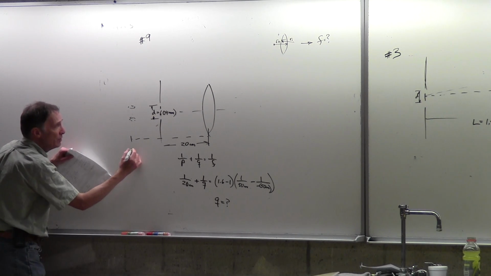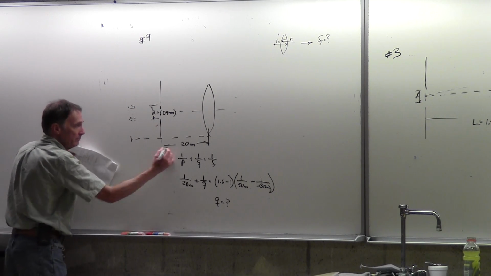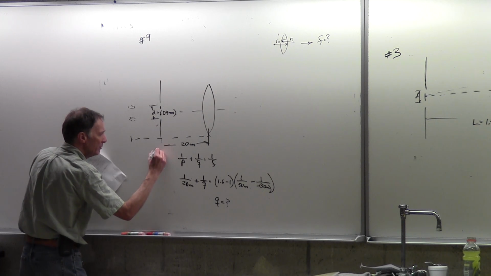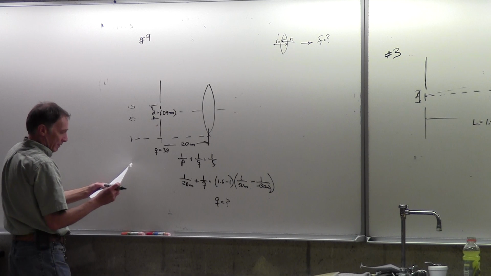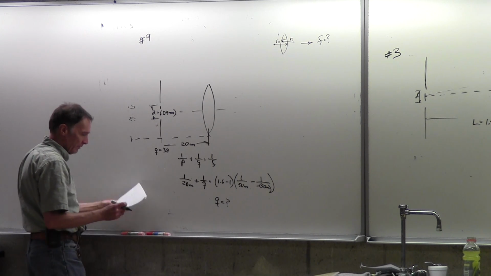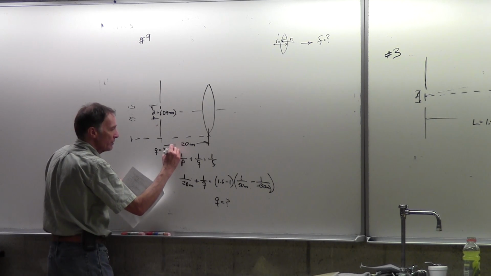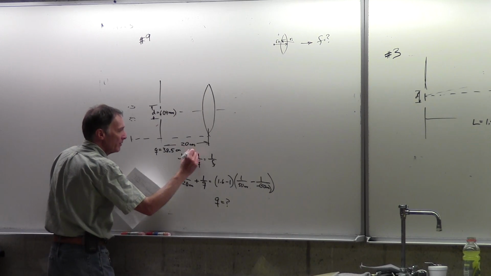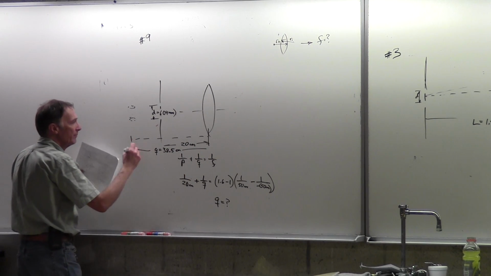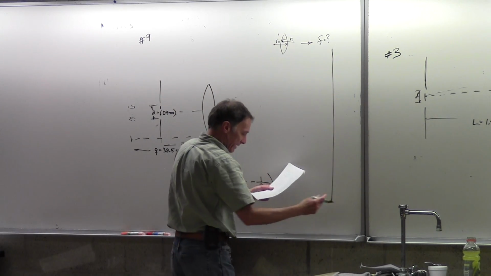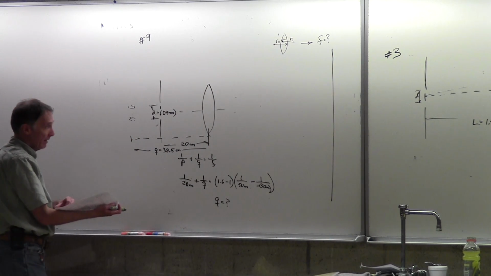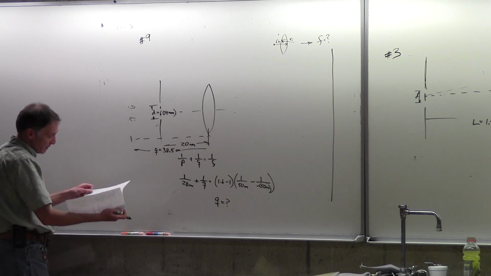Now what we want to do is, this Q is 38.46 centimeters back behind the lens. Now, the screen is, of course, way out here already, and we're going to form an interference pattern out there.